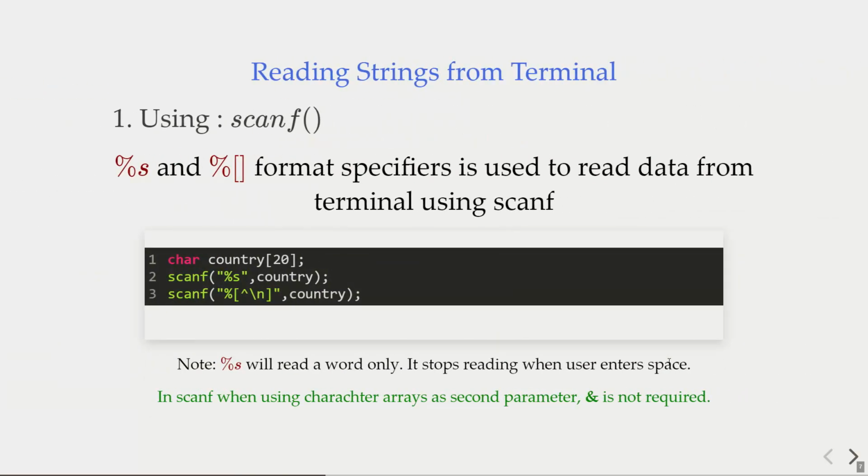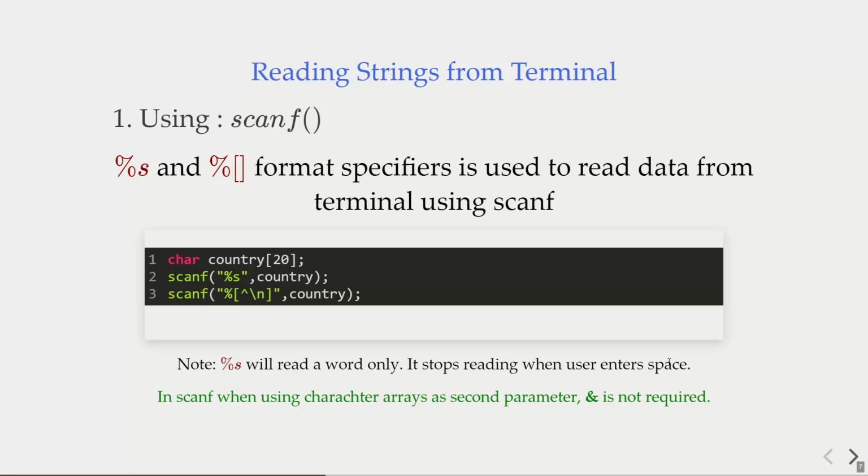Next, now let us see how to read strings from the terminal. We have seen how to read integer values with the help of %d using scanf. We have seen float values with the help of %f, and we have seen even character values with the help of %c.